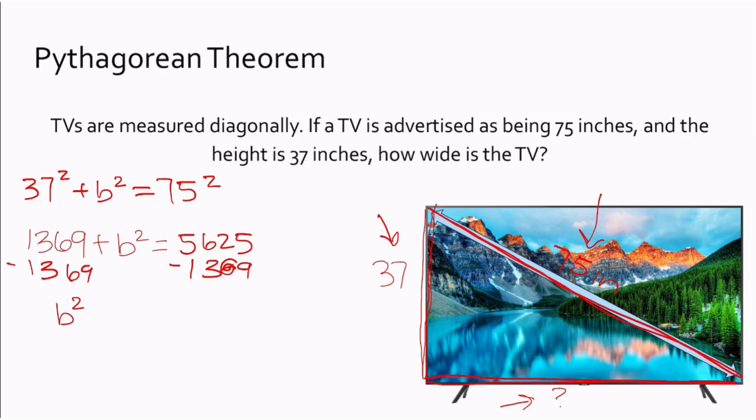And we get b squared equals 4,256. And then we'll take the square root of both of those, and we get that b equals 65.24. We'll round up. So if you have a 75-inch TV that's 37 inches tall, it will be just over 65 inches wide.